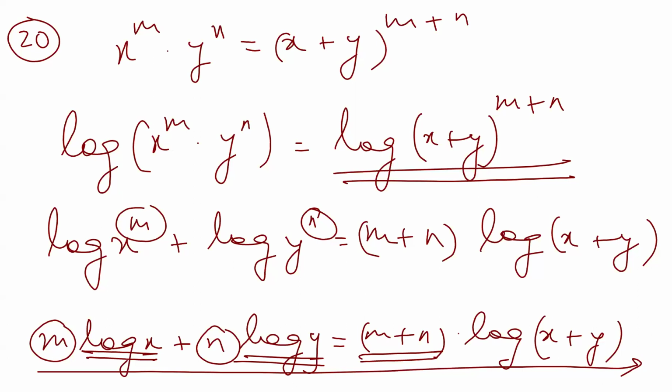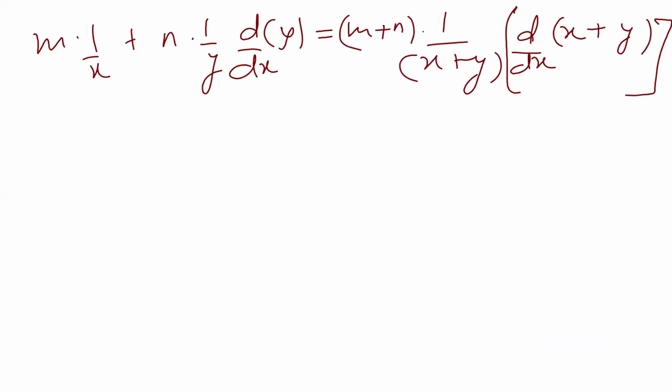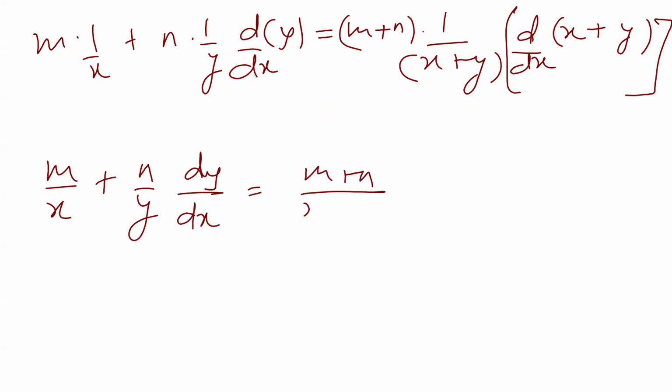Okay, so I hope you have copied this. So this is the next step. This bracket is also very important because there are multiple terms outside the bracket. So m upon x plus n upon y dy by dx is equal to m plus n upon x plus y. dy by dx of x is 1 and dy by dx of y is dy by dx.